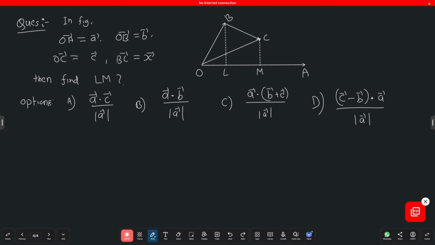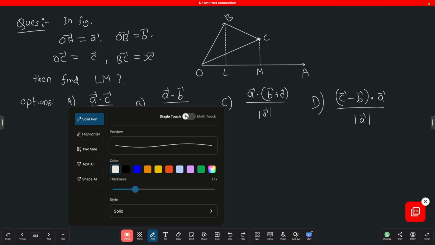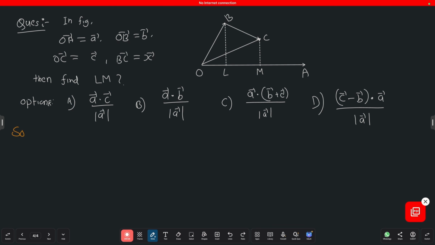Give it a think about how to solve this problem. It's a very, very good question, one of the good problems in vector algebra.